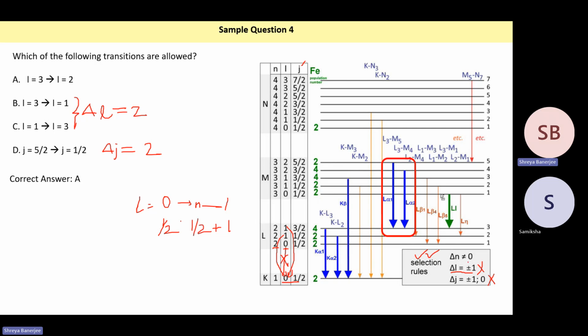Delta L should be plus minus 1. Look at this transition, where it is going from 1 to 0. That is allowed. Or it is going from 2 to 1. That is allowed. You just have to remember this selection rule. So the correct answer is A, because only in A you are following the selection rule that delta L is plus minus 1.